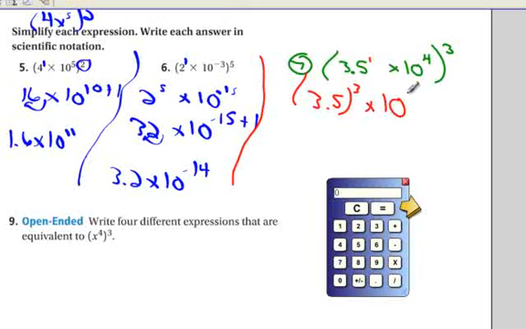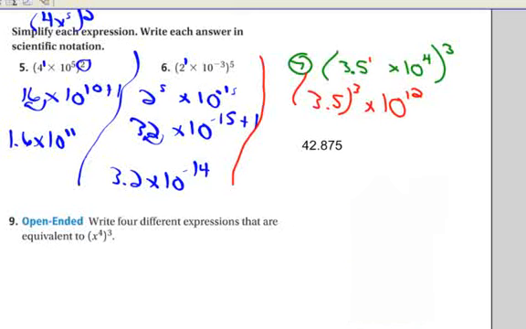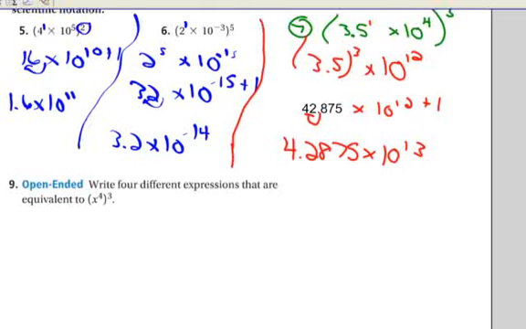Here's the easy part, to the 14th, the 12th. 3.5 times 3.5 times 3.5, and it equals 42.875 times 10 to the 12th, but we all know that this isn't going to work, so plus 1 here, 4.2875 times 10 to the 13th, and that looks like it's proper. Yep, that'll work. Alright, last part.